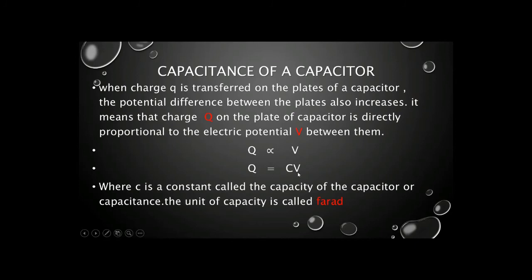The unit of charge is coulomb, and the unit of potential difference is volt, and when we replace them, we get a new unit which is given the name farad. Okay, the unit of the capacity is called farad.